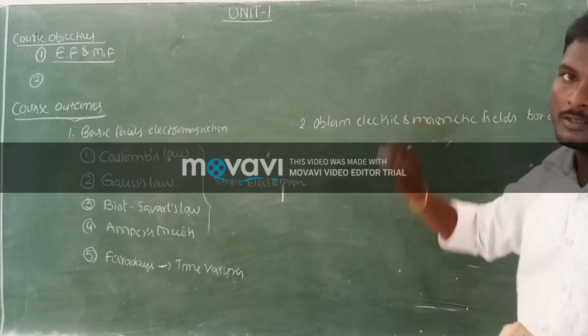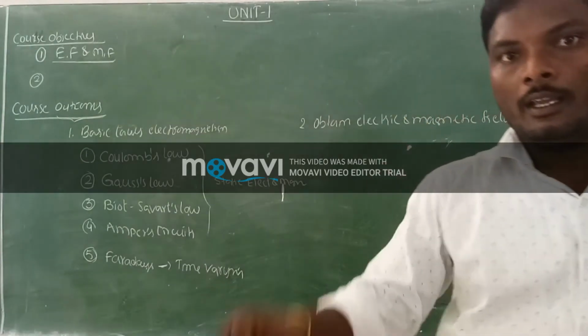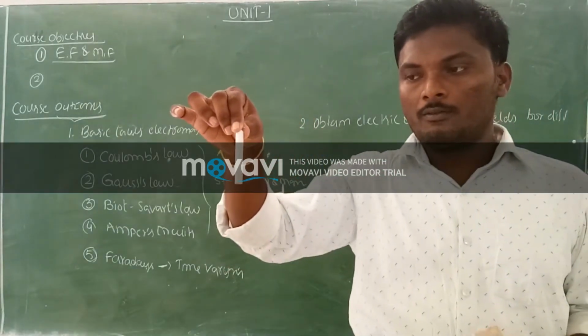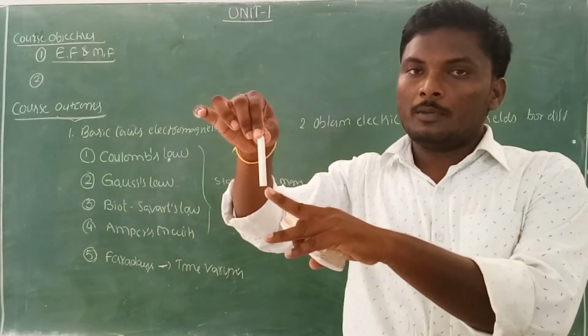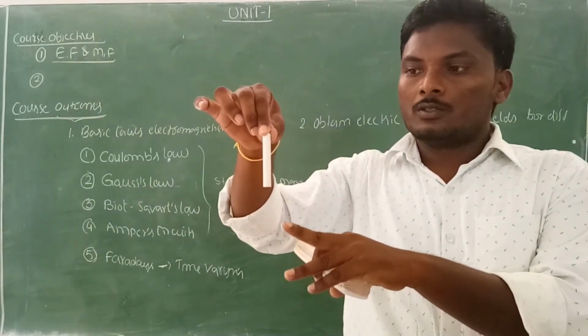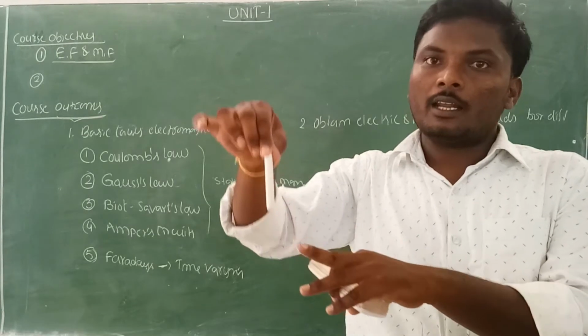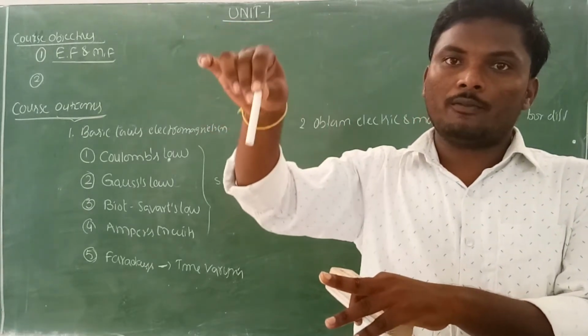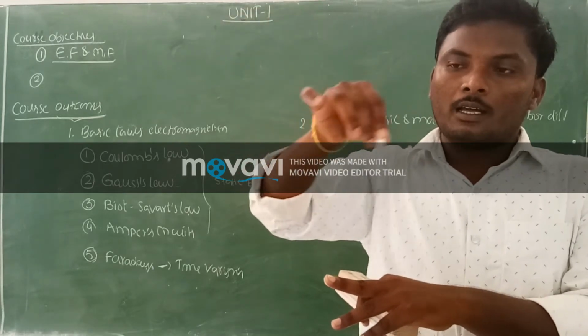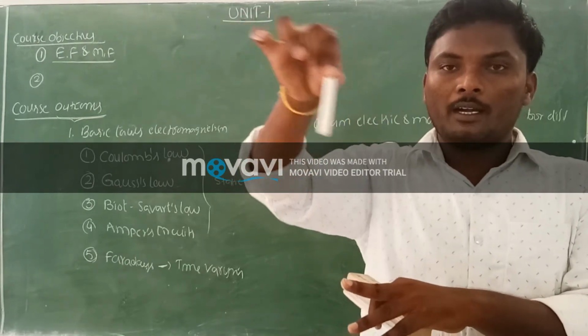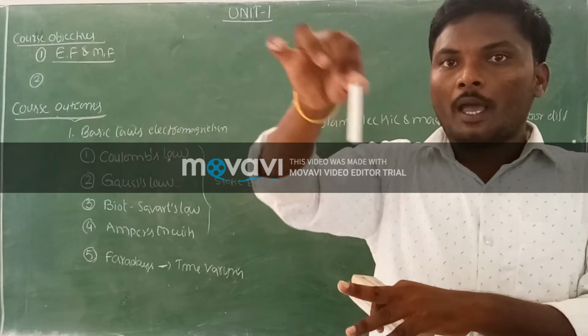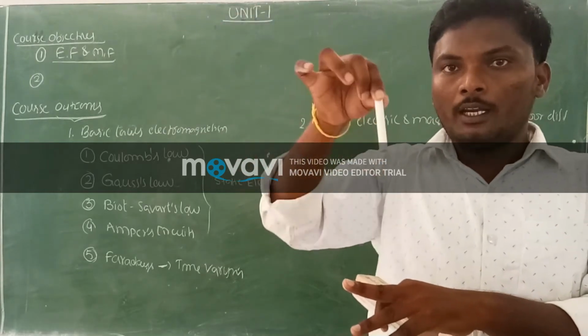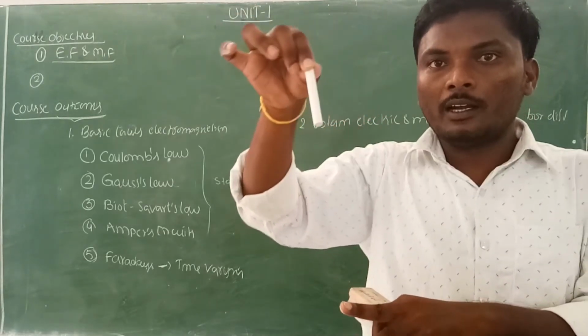Different configurations means, if we take a straight conductor which is having finite length, that means it is measurable. As it is a conductor, it is carrying a current. Whenever this conductor is carrying current, it produces a magnetic field. So around this conductor, a magnetic field is created. On the magnetic field line, at any point, we are going to calculate the field intensity.